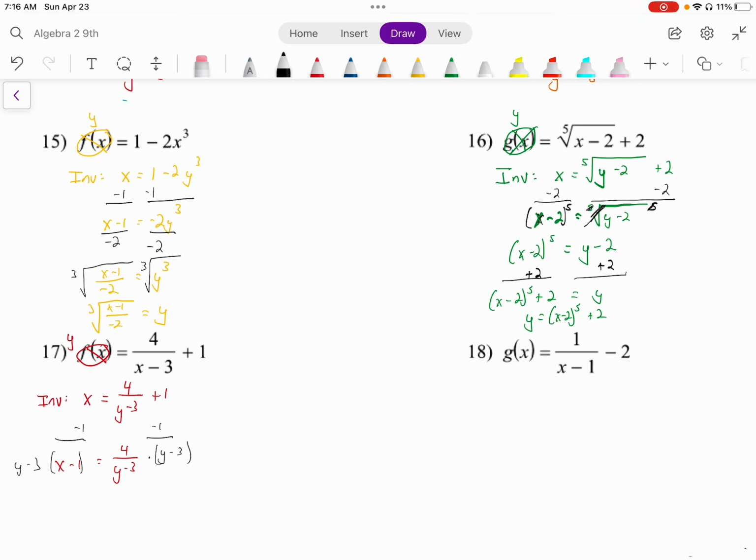And in this case, we actually don't even need to do the FOIL on the left here. So right now we have y minus 3 times x minus 1 equals 4, because over here these cancel. Our goal is to get y by itself, so now we are going to divide both sides by the x minus 1.